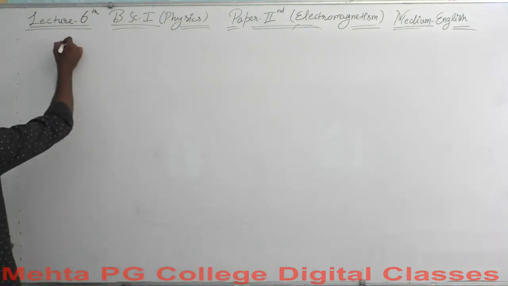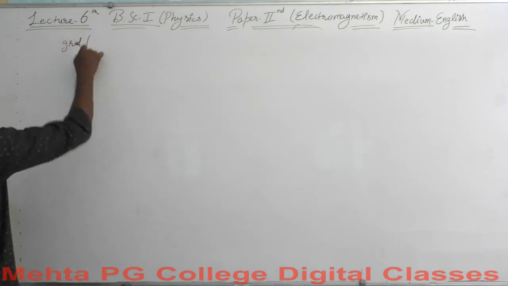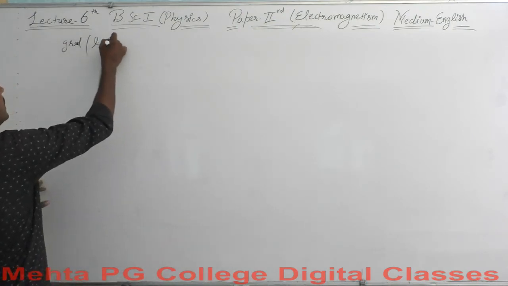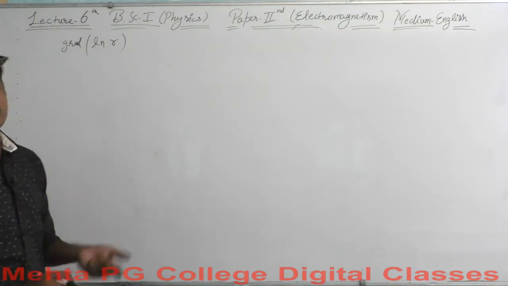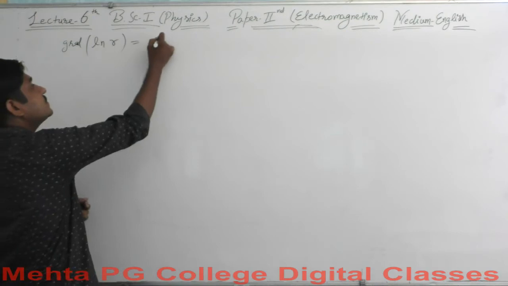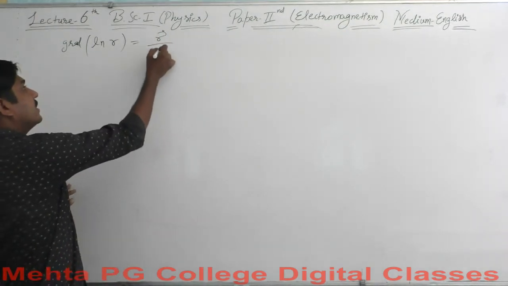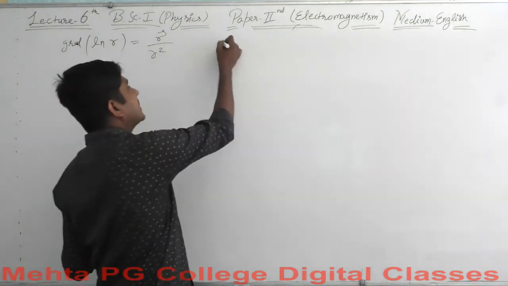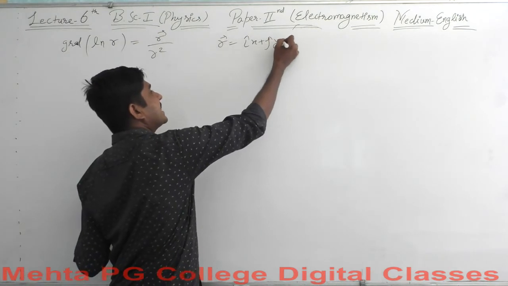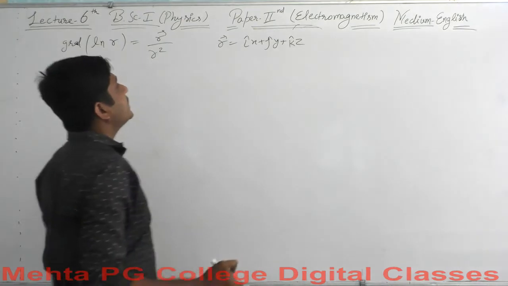Say we are supposed to prove that the gradient of ln r, where ln is the natural log, is equal to r vector over r square, and you know that r vector again is the same vector i cap x, j cap y plus k cap z.